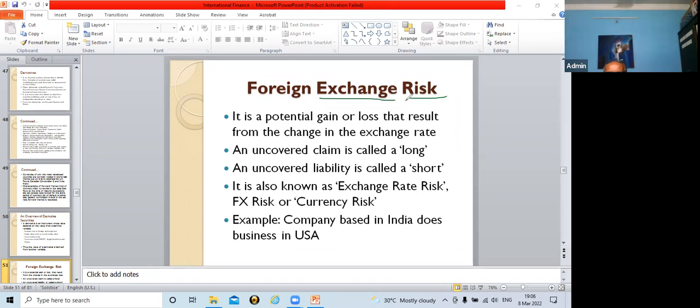Even if you observe the dollar with the Indian rupee, from the last 1 week there is a continuous fluctuation in the exchange rate. Maybe at the end of February, the dollar rate to rupee was 74 rupees.